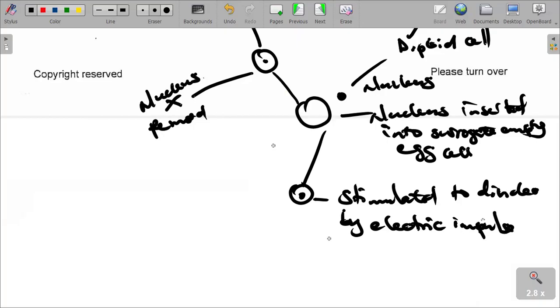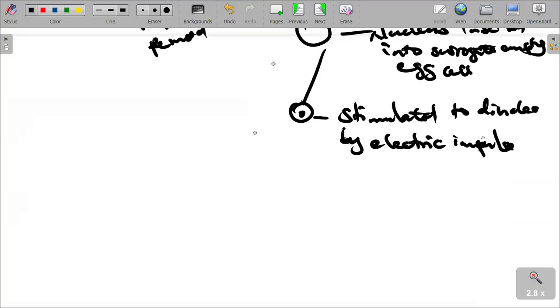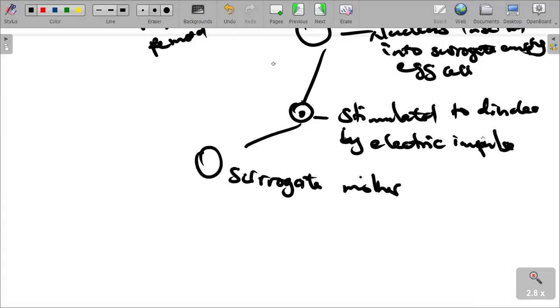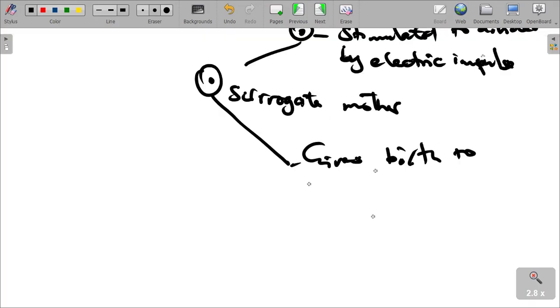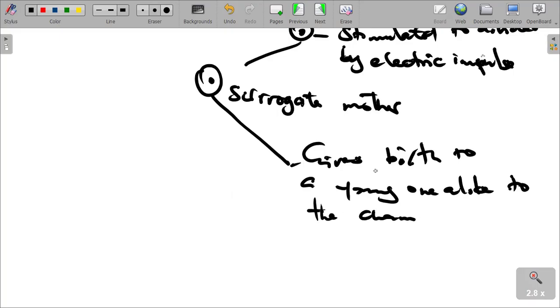By electric impulse. And then what happens is that it is taken and then inserted into the surrogate mother, and then we are saying the surrogate mother will give birth to a young one alike to the champion donor.